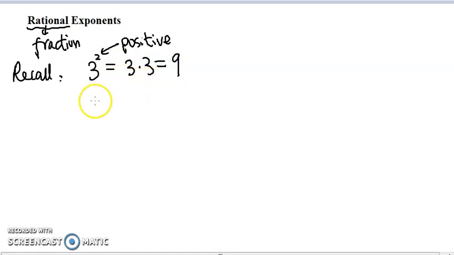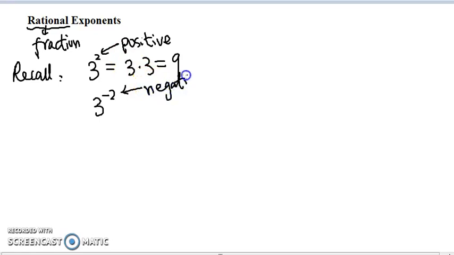But when the exponent is negative, for example, 3 to negative 2, the negative sign in the exponent... wait, hold on. Let me put negative here.